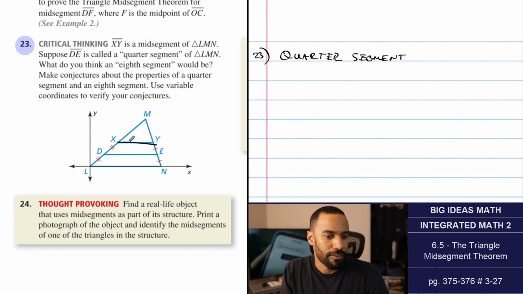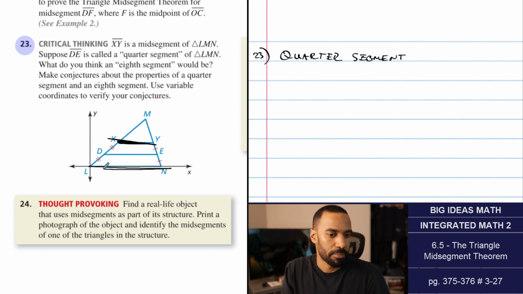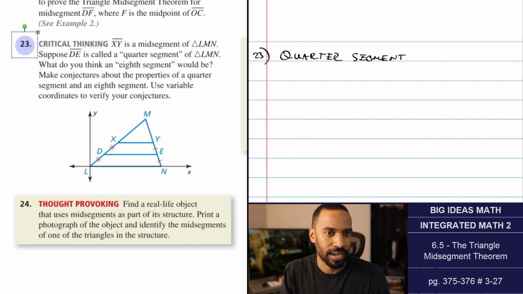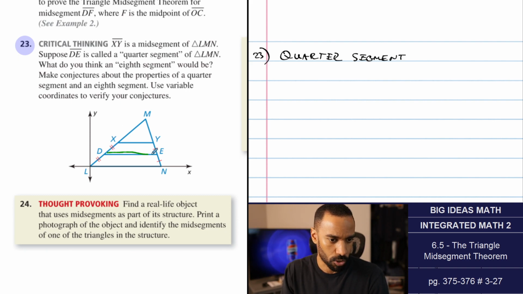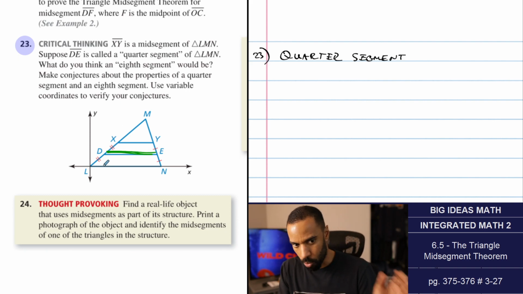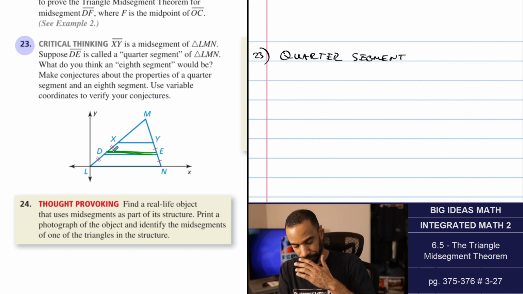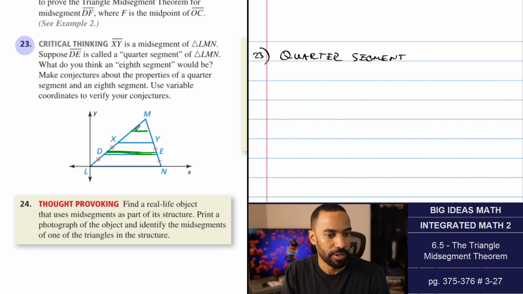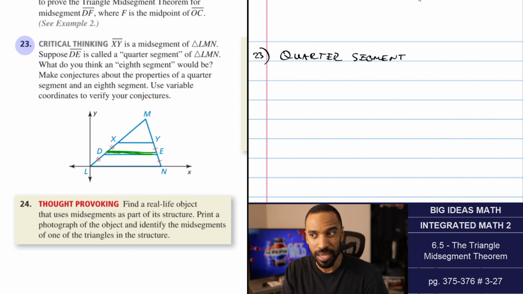So we know that if XY, for example, is a mid-segment of LN, then XY is not only parallel to it, but it's half the length of LN. Now, DE is parallel to LN as well. Right? DE being a quarter segment is parallel to LN, but it's quarter the distance from LN. It doesn't seem to be quarter the length, though. Looks like maybe this one would have been quarter the length, but if I'm at this one, it looks like it's maybe 3/4 the length.